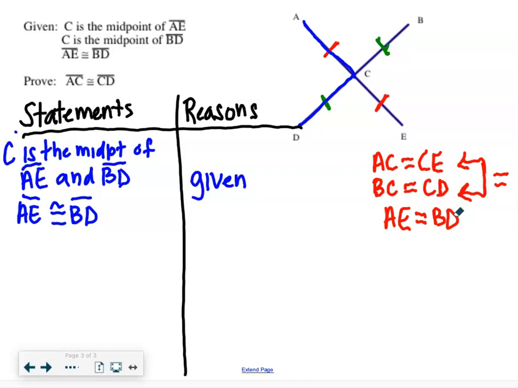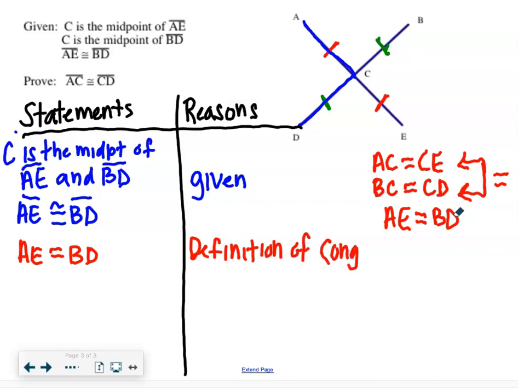Okay, just to take care of that definition of congruence, let's rewrite this. AE is equal to BD by definition of congruence. Perfect.